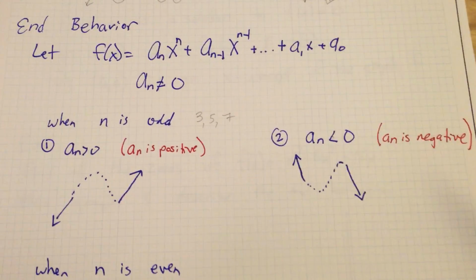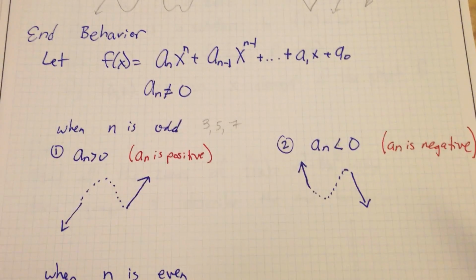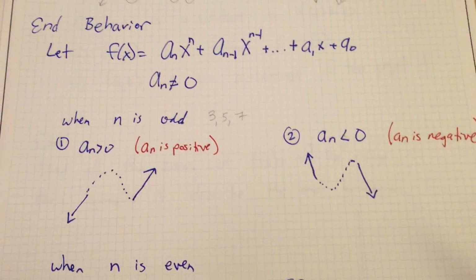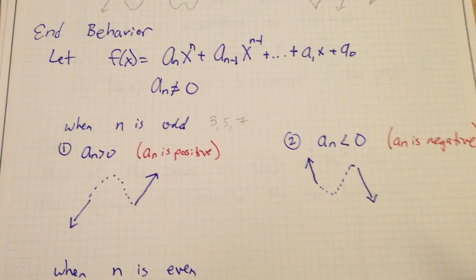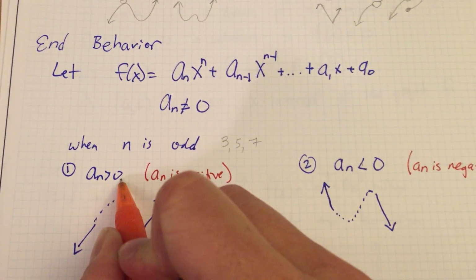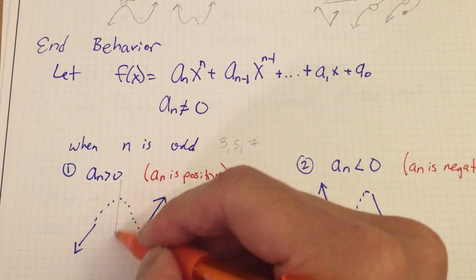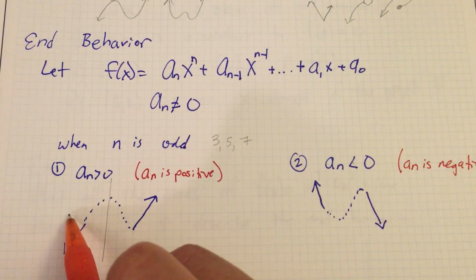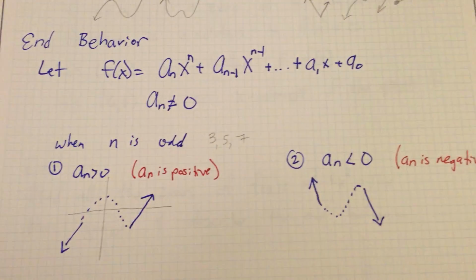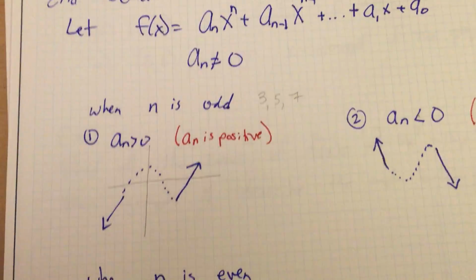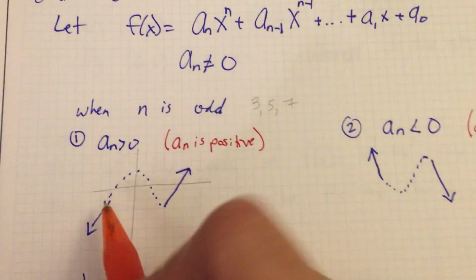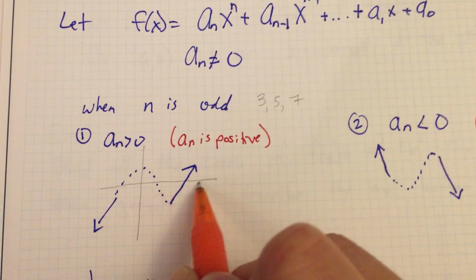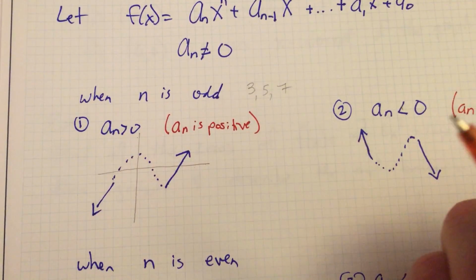So how do I describe my behavior? There's a new notation that I want you guys to start using, right? So if I just quickly drew an x-axis and a y-axis, and I don't really care where my x-axis and y-axis lie, ask yourself, as my x's are increasing to infinity, where's my arrow going?